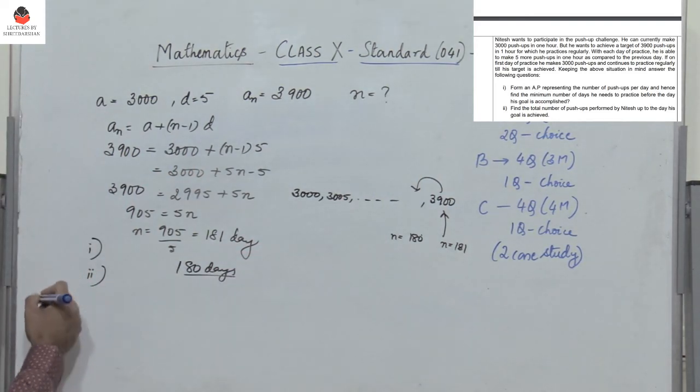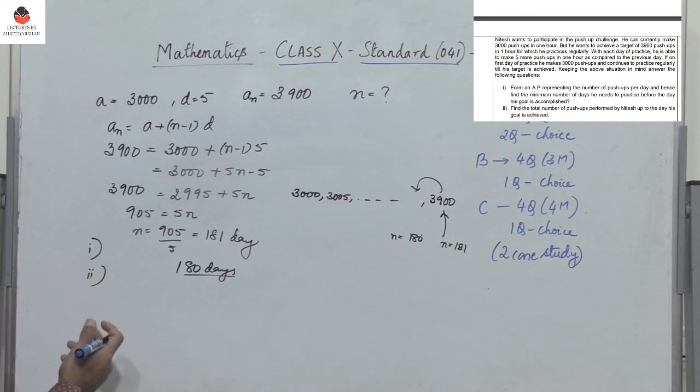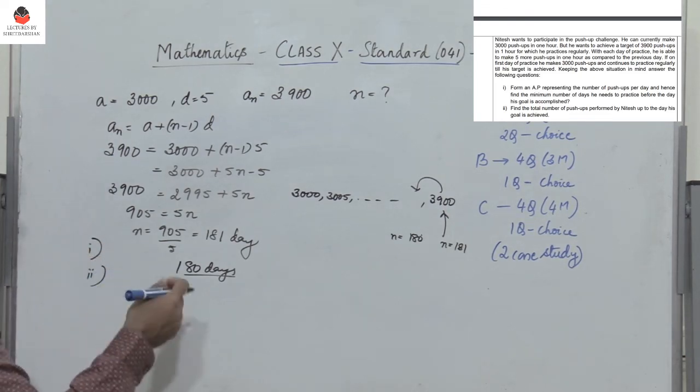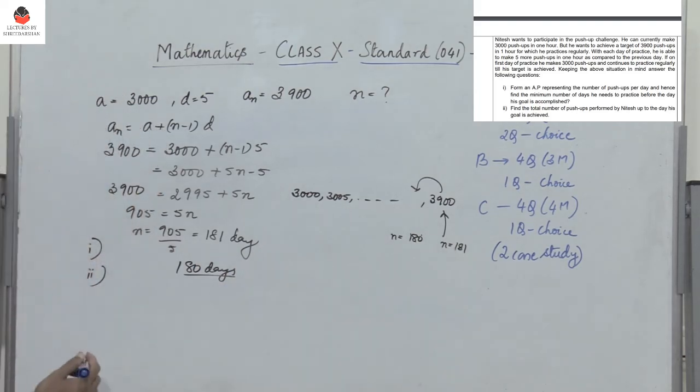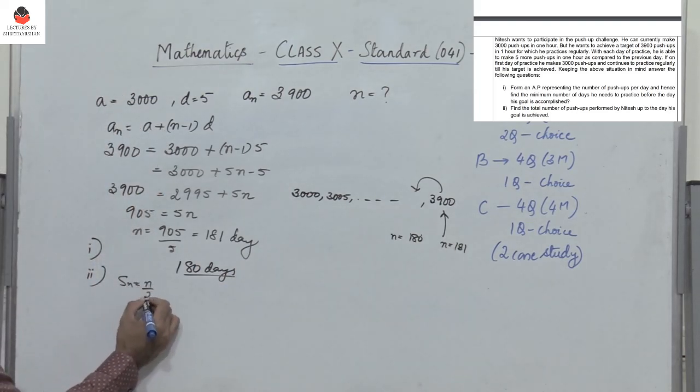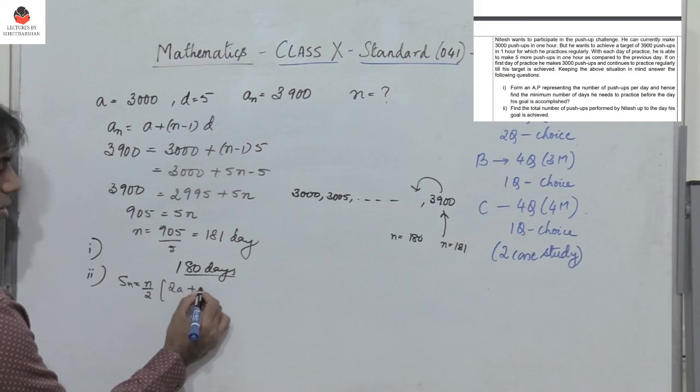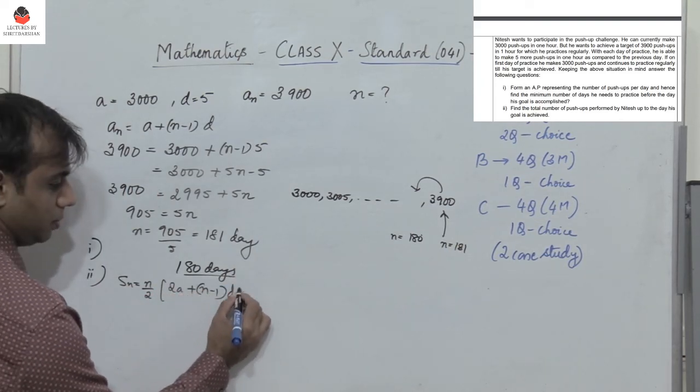The second one, find the total number of push-ups performed by Nitish up to the day his goal is achieved. Up to the day means up to n equal to 181. So we have Sn equals n by 2 into 2a plus n minus 1 into d.